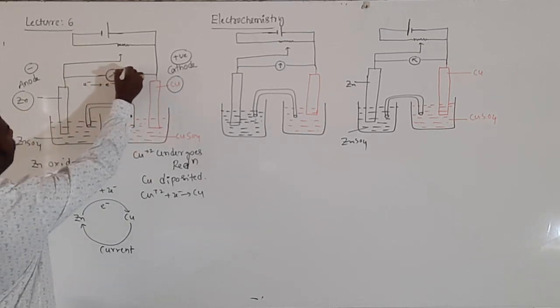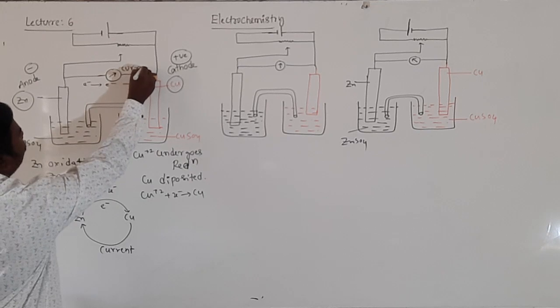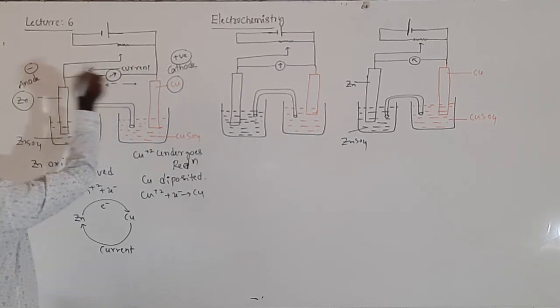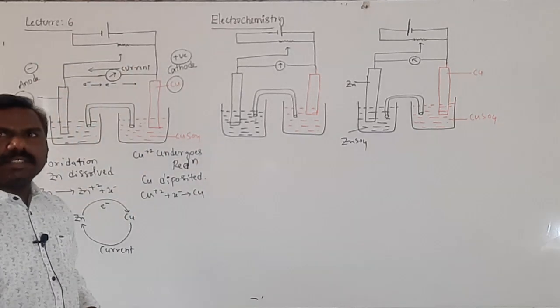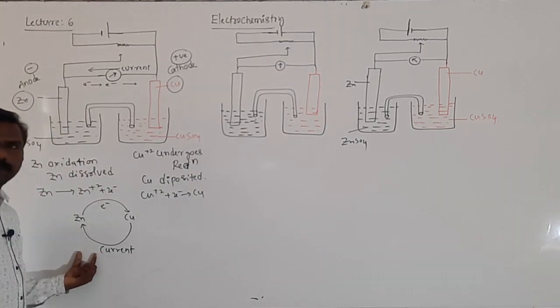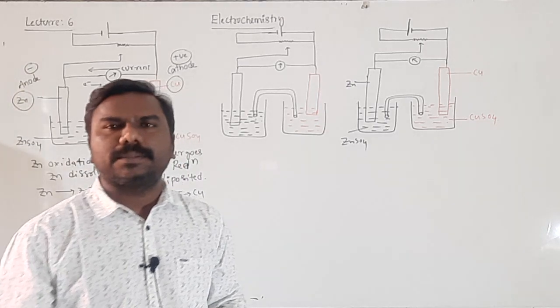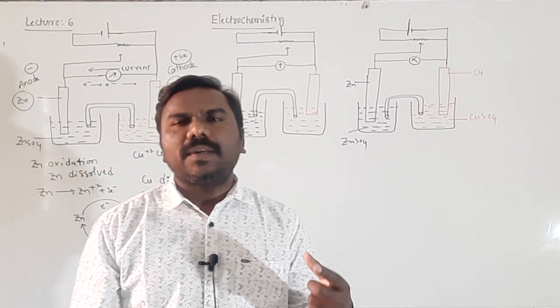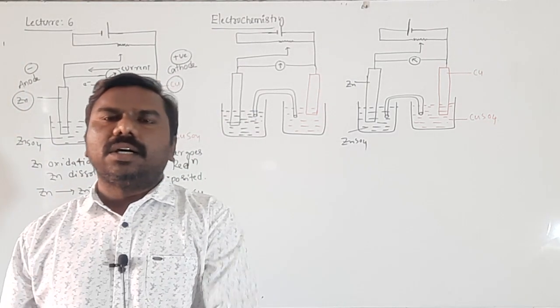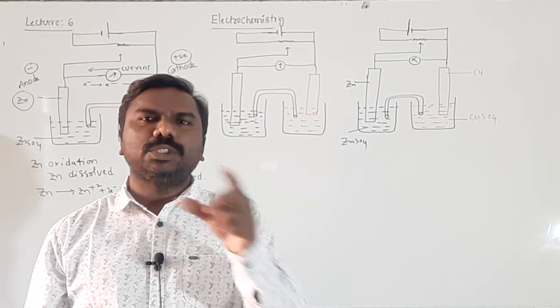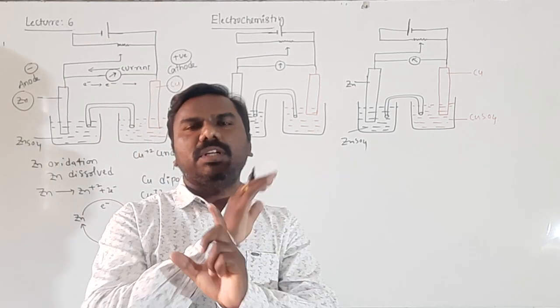This is what we discussed in earlier classes: zinc lost electrons, those electrons transferred from zinc to copper, and current flows from copper to zinc.